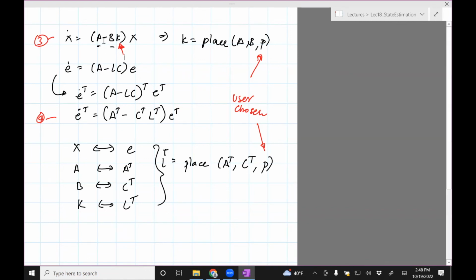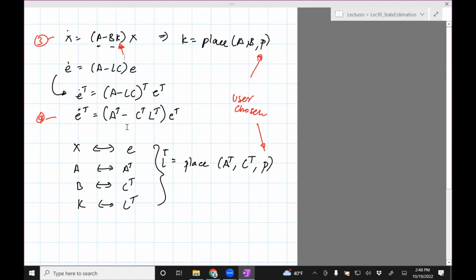We know what K does: it controls how fast you can stabilize the system. What this equation does is it tells you how fast you can estimate the unknown states. So in order to estimate the unknown states fast enough, you need to choose the gain L. And the way you can choose L is using place, by noticing that this equation looks a lot like the other equation if you take the transpose.